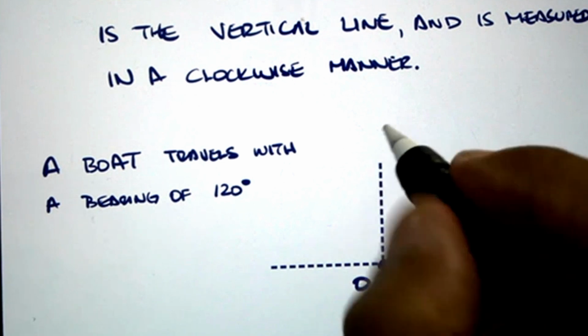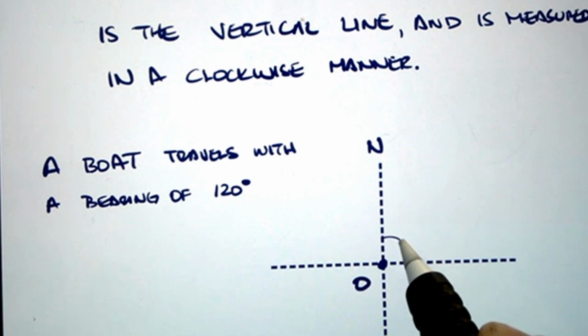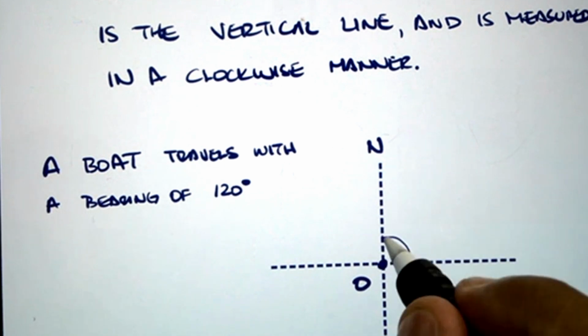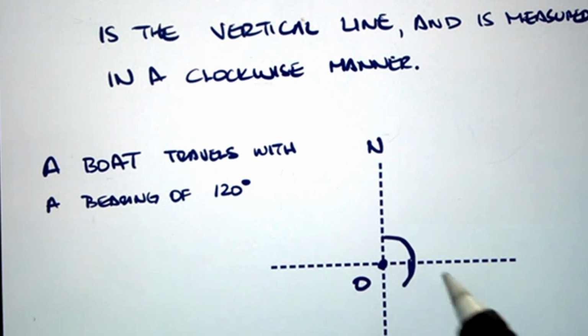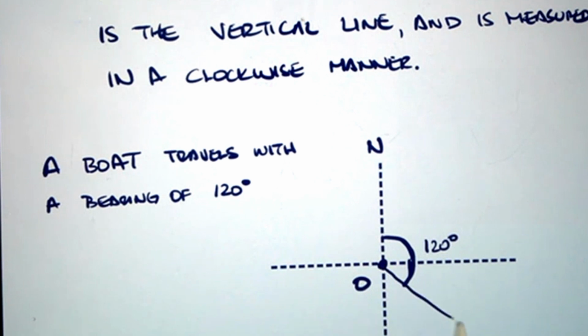If this is our vertical line, and here we have the north, from here we start measuring 0 degrees, here we have 90, and from here to here we have 120 degrees. So the boat is going to be traveling in this direction. That is the concept of bearing.